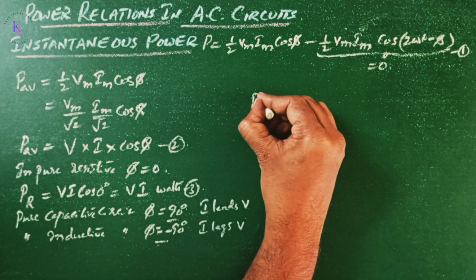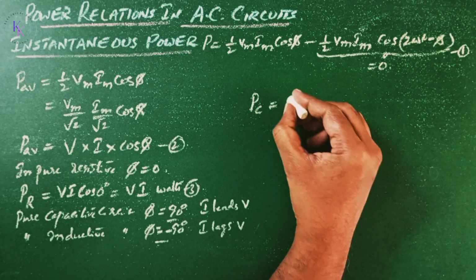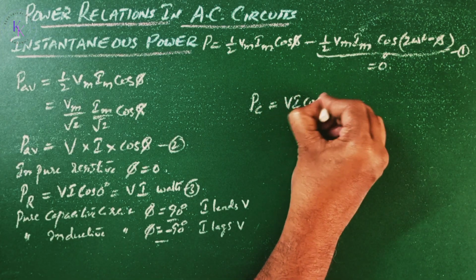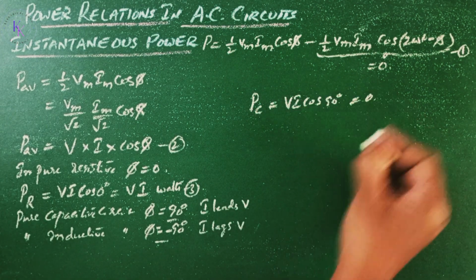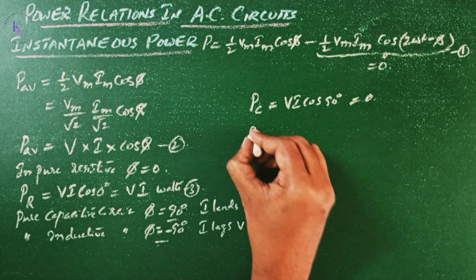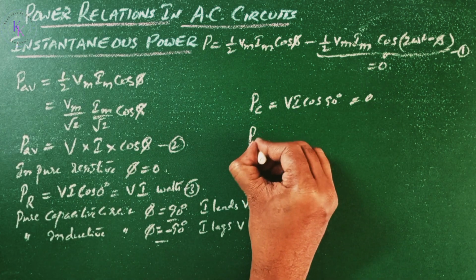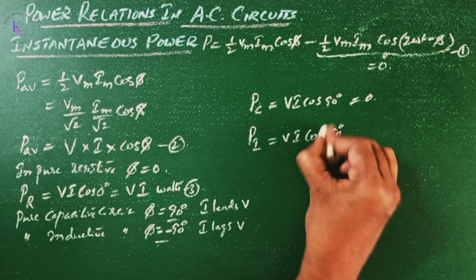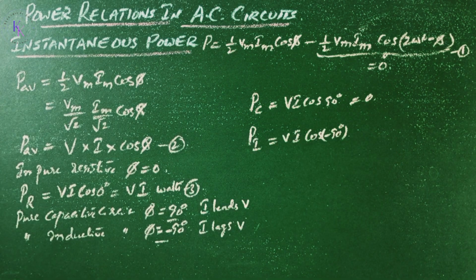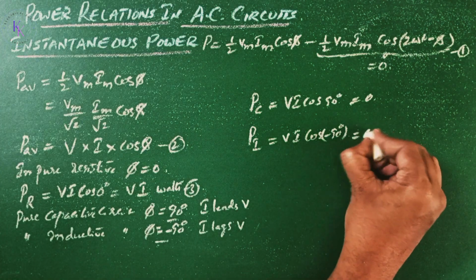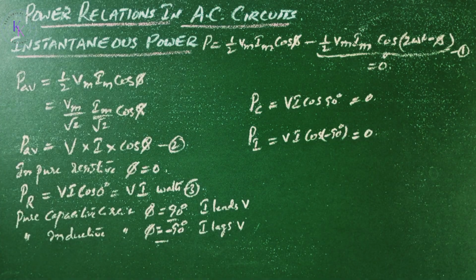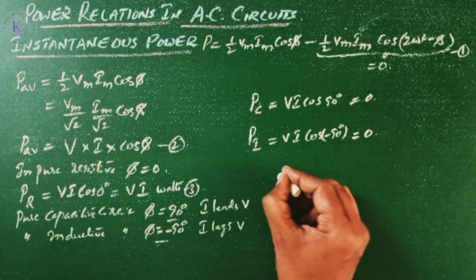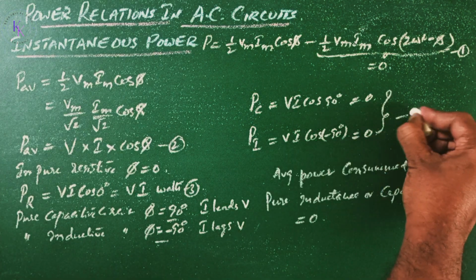P average for the capacitive circuit is given by VI cos 90 degrees, which equals 0. Similarly, the average power for the inductive circuit is given by VI cos(minus 90 degrees). Cos of minus theta equals cos theta, so cos 90 degrees, and this value is also 0. Thus, the average power consumed by pure inductance or capacitance is 0. Let this be equation number 4.